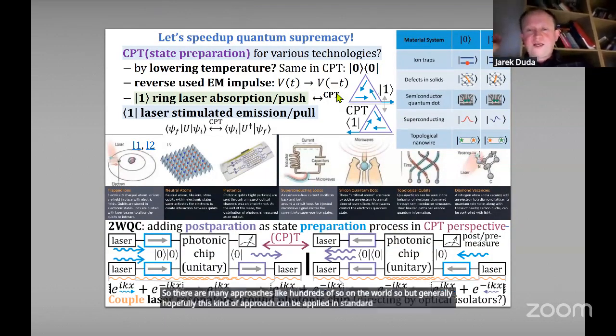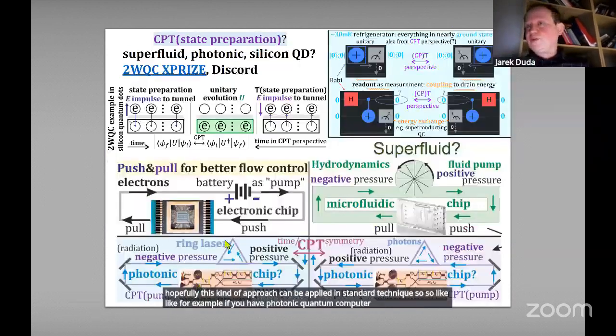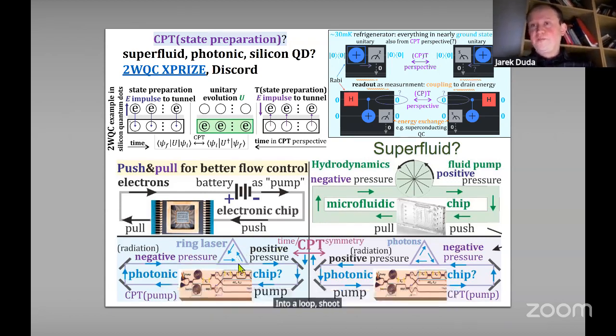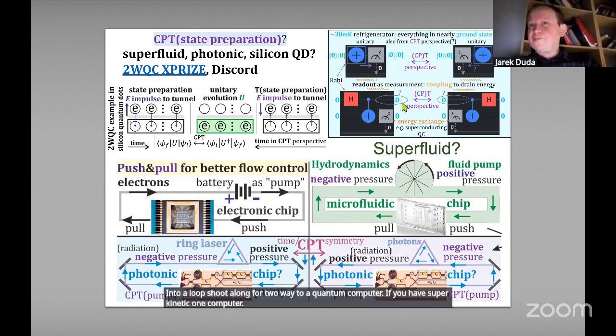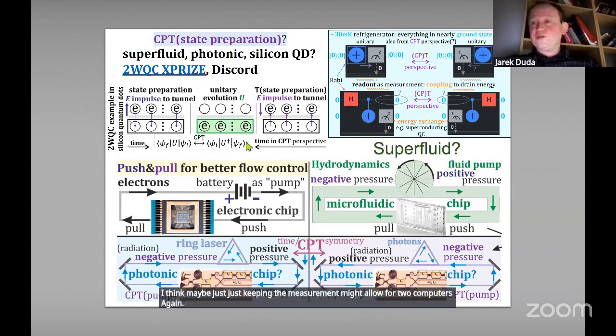For example, if you have a photonic quantum computer, hopefully just connecting a ring laser into a loop should allow for a two-way quantum computer. If you have a superconducting quantum computer, I think maybe just keeping the measurement might allow for two-way quantum computers. For silicon quantum dots, you have some impulse for state preparation, just reverse the impulse at the end, and hopefully you should get a two-way quantum computer.